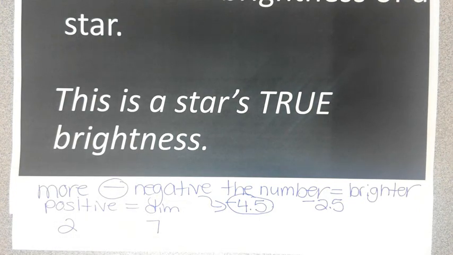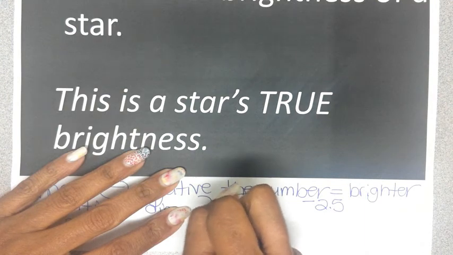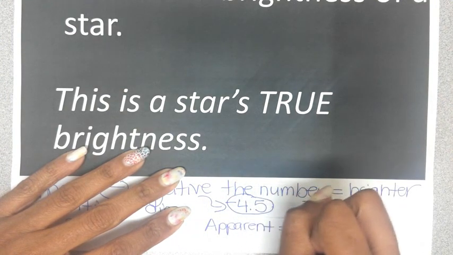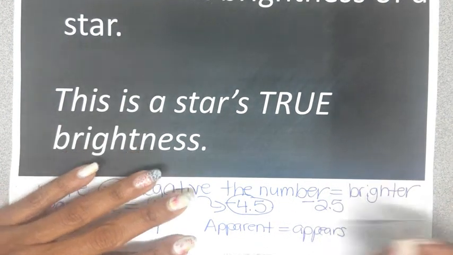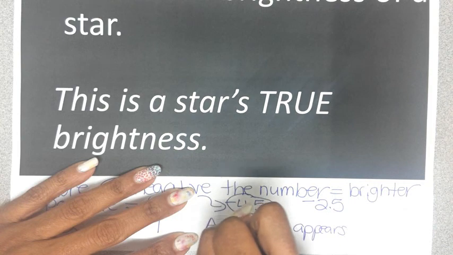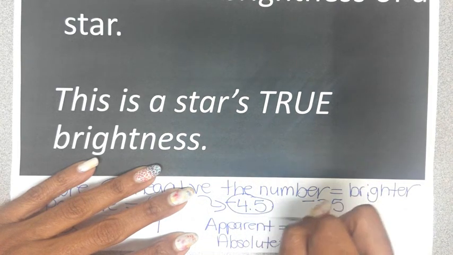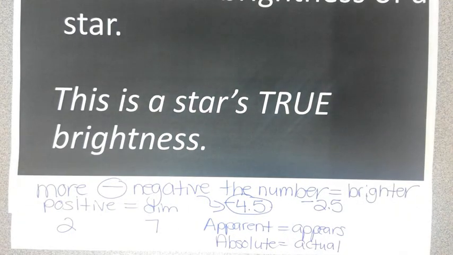Remember, when you're looking at apparent magnitude, it's how it appears. So apparent is how it appears from Earth. Absolute is the actual. Okay?